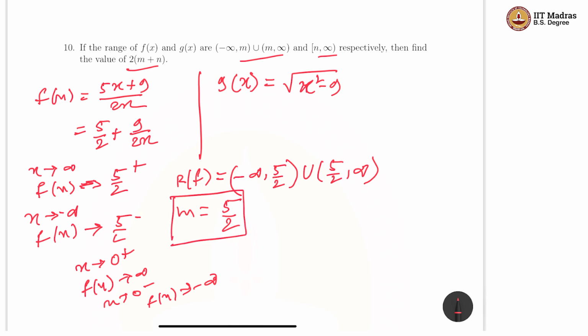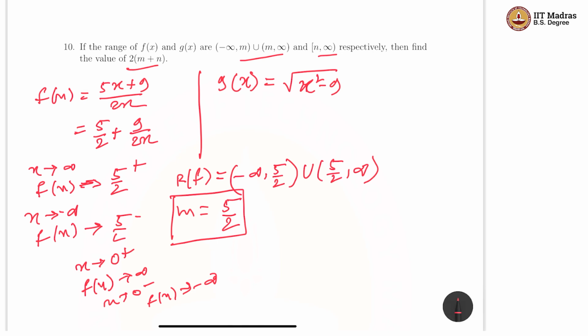Okay, now we have to calculate the value of n. So we have that the domain is R minus the interval from minus 3 to 3, right?